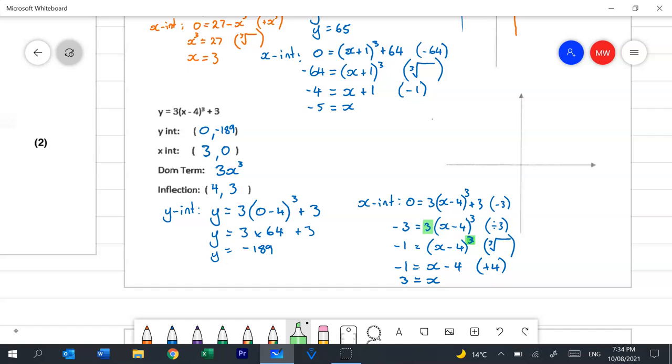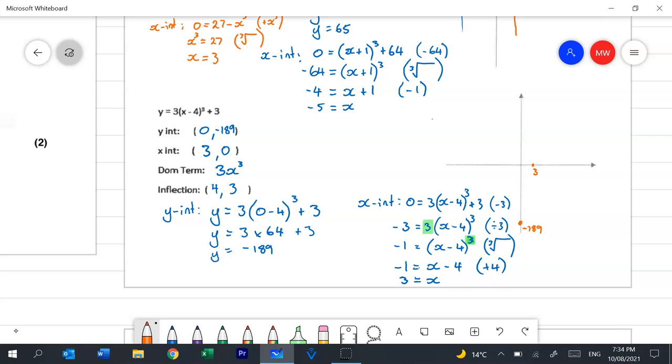And now we'll just plot it. So what have we got? We've got a huge y-intercept that's way down here somewhere. Might change color just in case it crashes into the working out that I did. So this is down here at minus 189. And then I've got an x-intercept up here at 3.